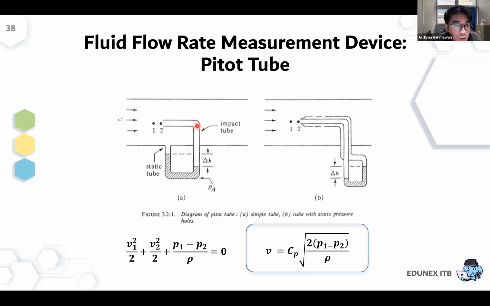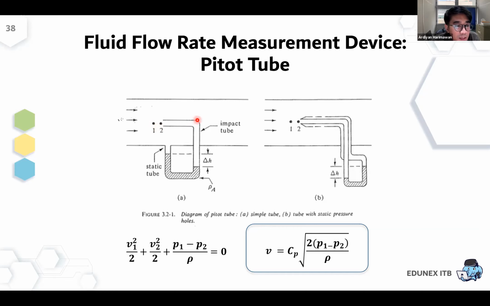For example, a pitot tube will hold the fluid coming into the smaller tube, the impact tube. So the velocity exactly at the mouth of the smaller tube will be equal to 0. Then you can derive the Bernoulli. Basically, you just compare what happened at point 1 and what happened at point 2. What will be the assumption? What will be the condition? That you need to understand.